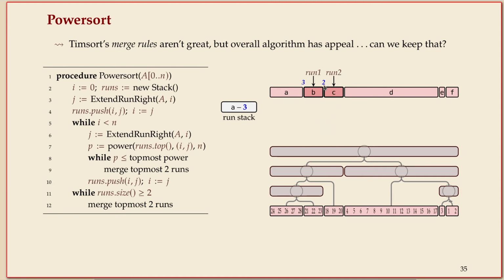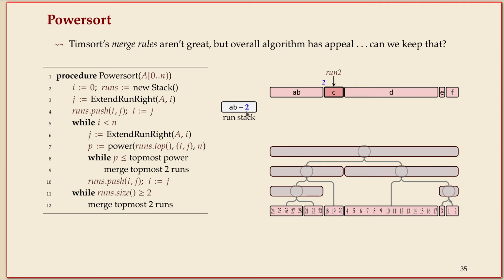For those 2, the magic number turns out to be 2. So we put this on the stack, but this is a violation because 2 is smaller than 3. So we have to merge these 2, which happen to be these 2, and we replace them with their result, the merge of A and B. And you see it inherits the smaller of the powers.